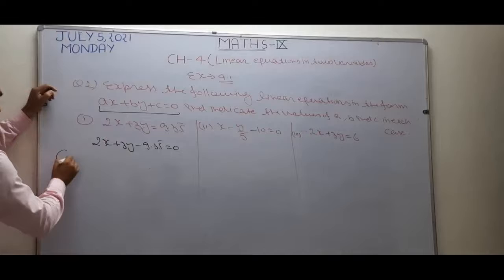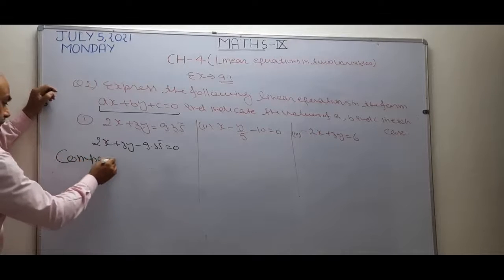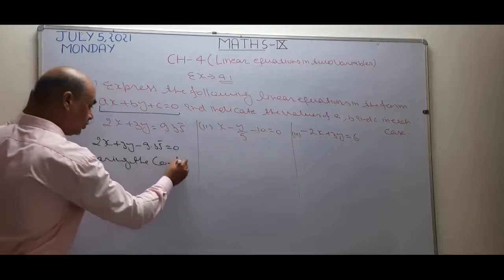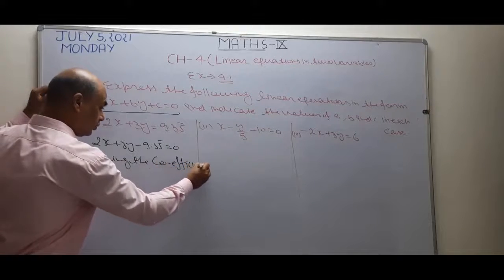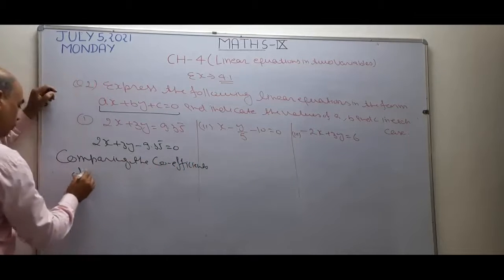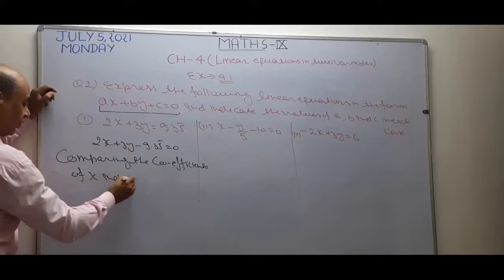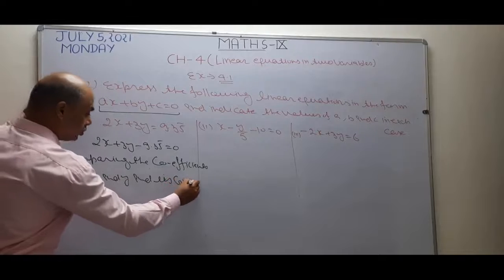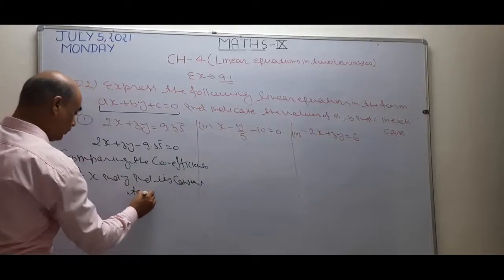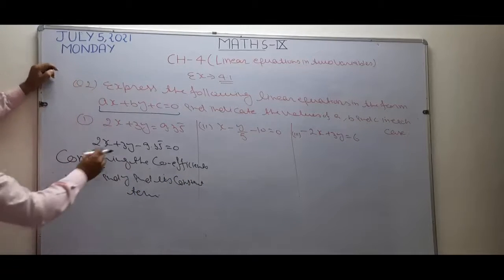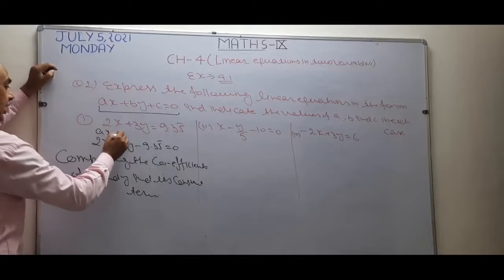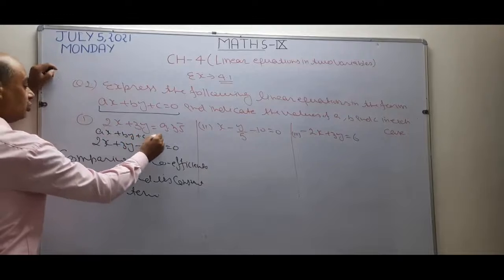Now comparing the coefficients of x and y and the constant term. This is the given equation and this is the standard form, ax plus by plus c equal to 0.